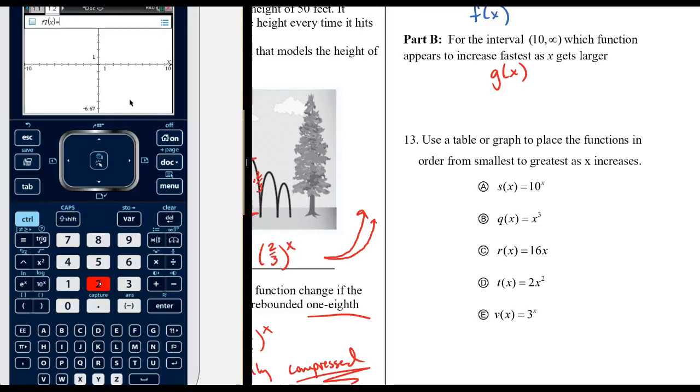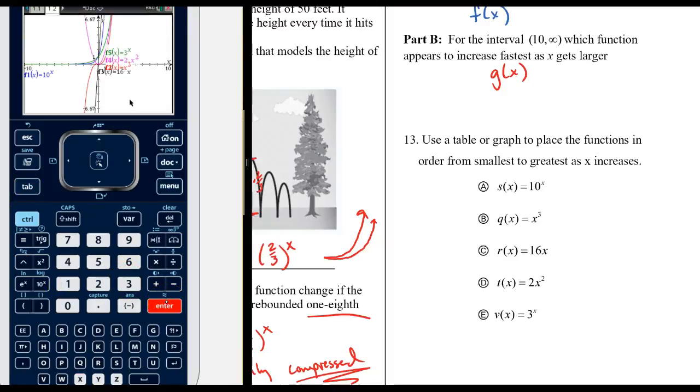I'm going to add a graph, and I'm going to type in each of these functions. 10 to the x. The next one is x cubed. The next one is 16x. The next one is 2x squared. And the last one is 3 to the x.